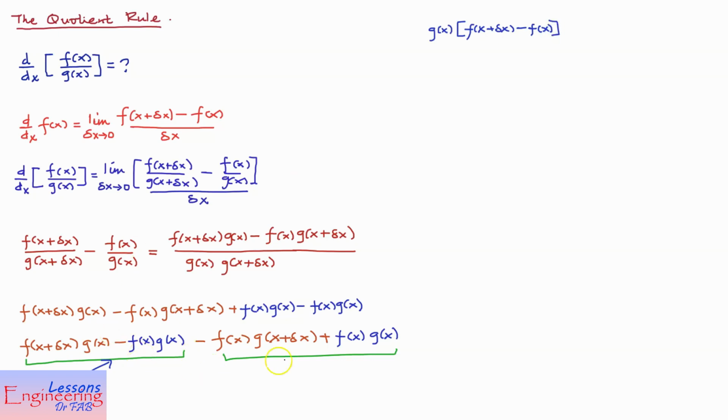All right, and from this side f of x will be a common factor. So if we take now minus f of x as a common factor, we'll be having g of x plus sigma x, and minus g of x.